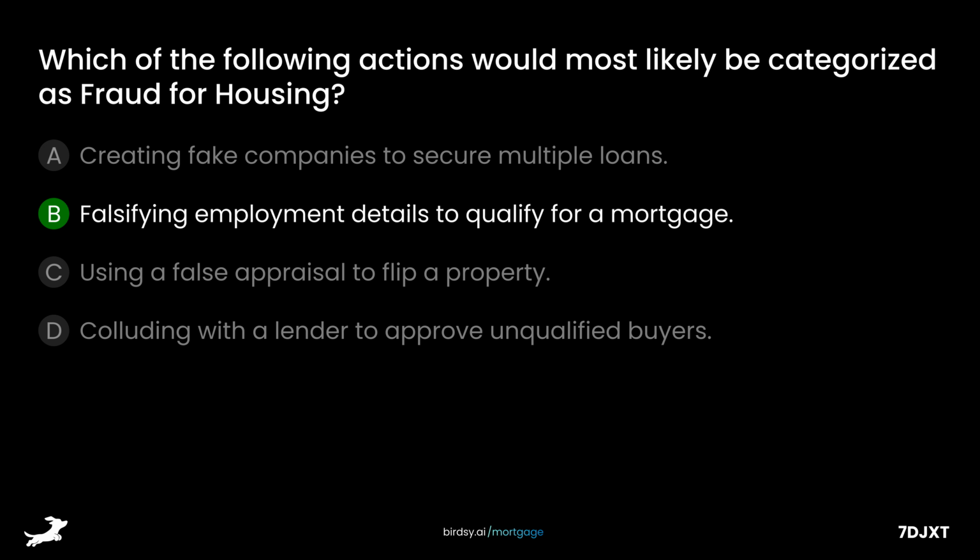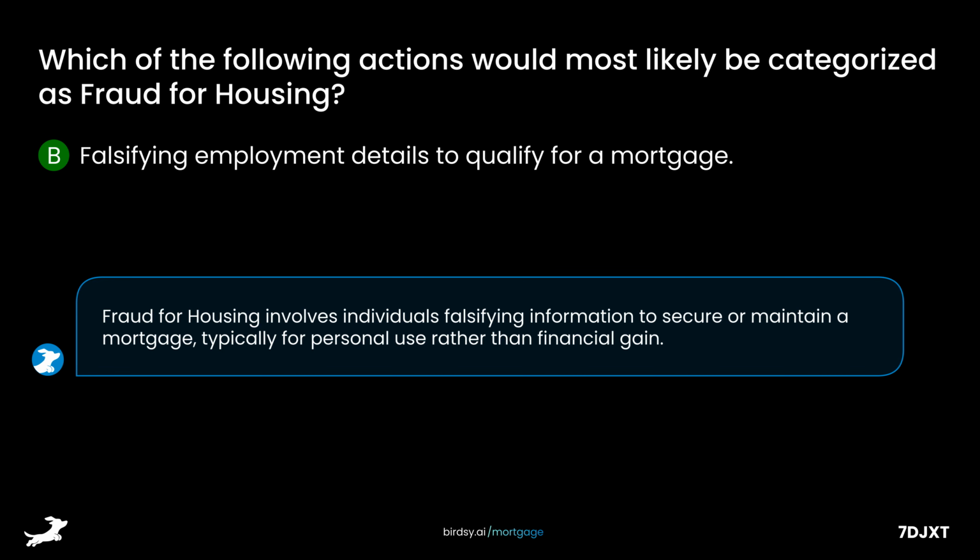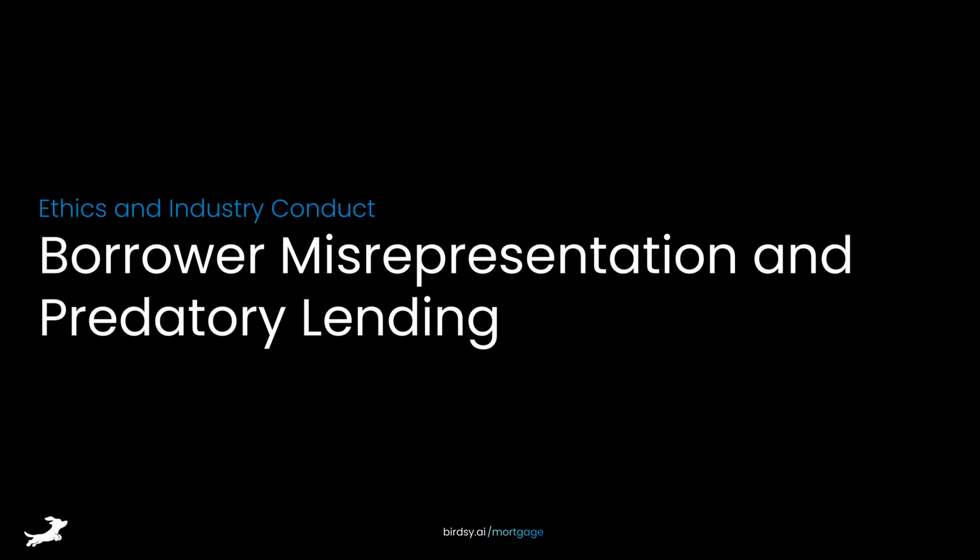The answer is B, falsifying employment details to qualify for a mortgage. Fraud for housing involves individuals falsifying information to secure or maintain a mortgage, typically for personal use rather than financial gain. Borrower misrepresentation and predatory lending.